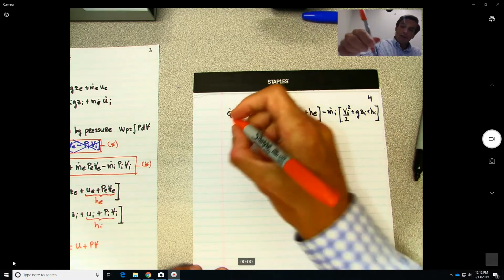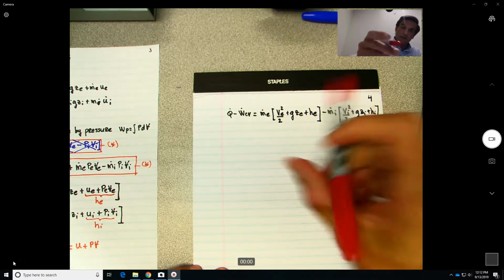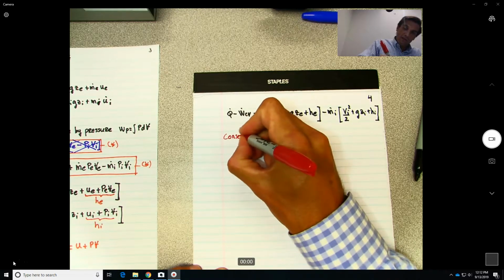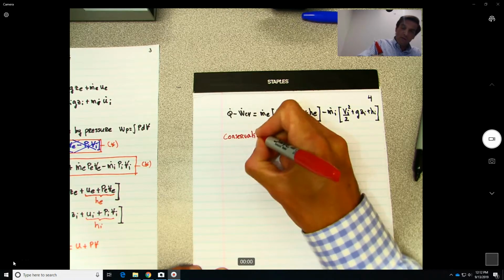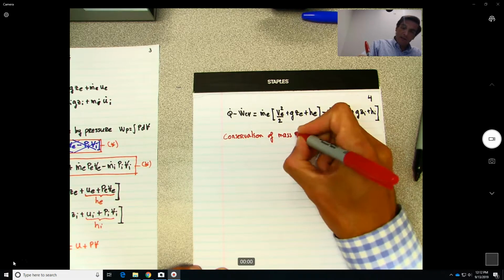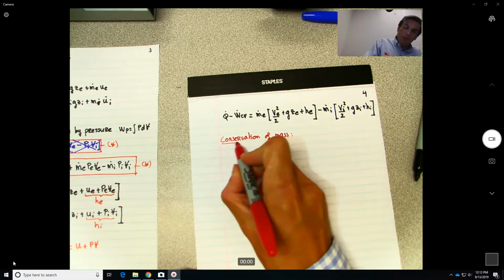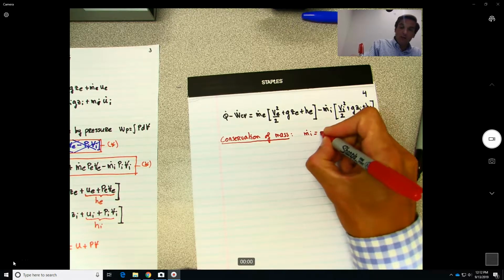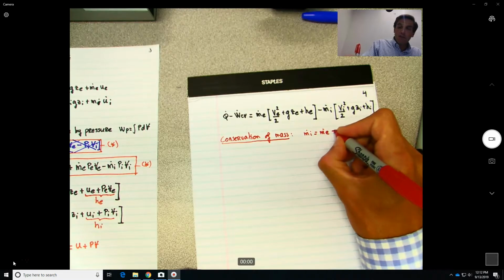almost there. Now, because of the conservation of mass in almost every single problem, what are you going to have? That the mass flow going in needs to be equal to the mass flow going out.